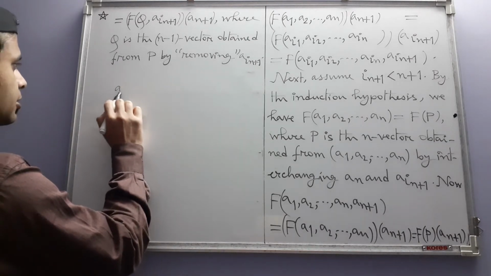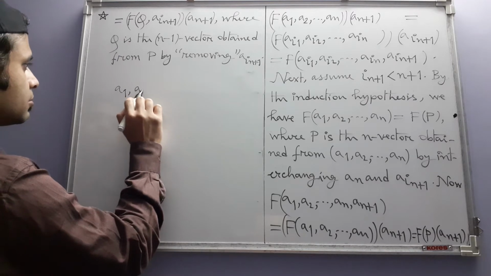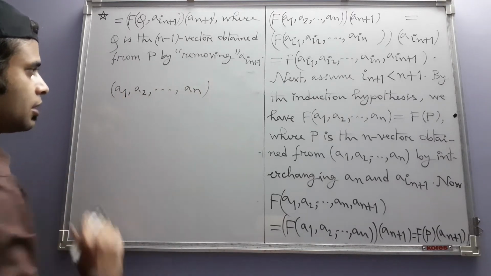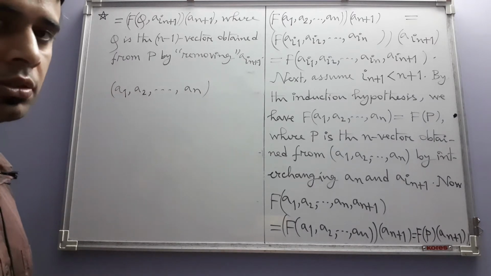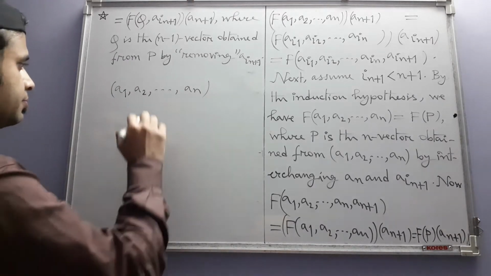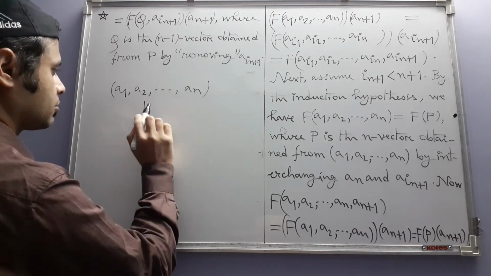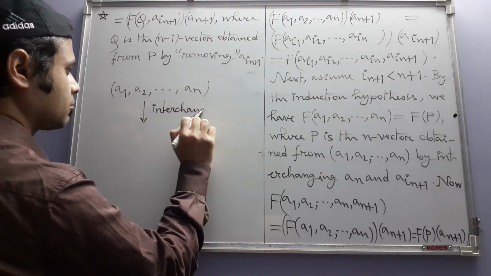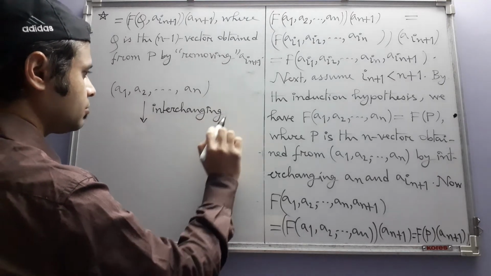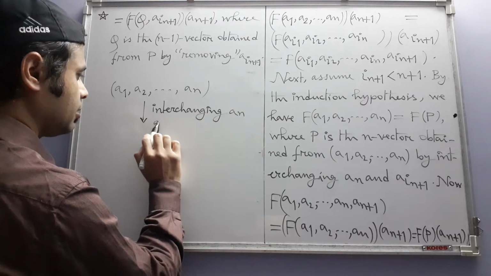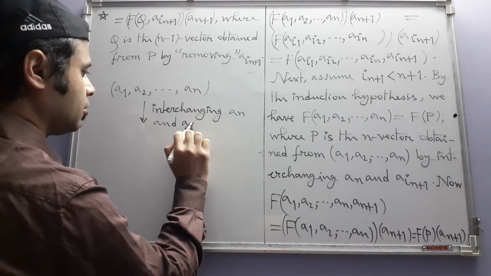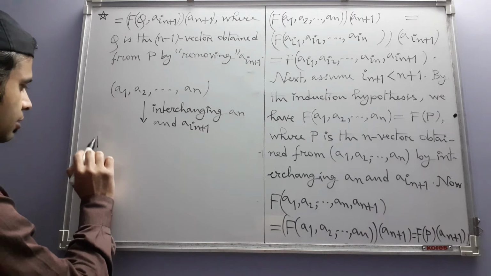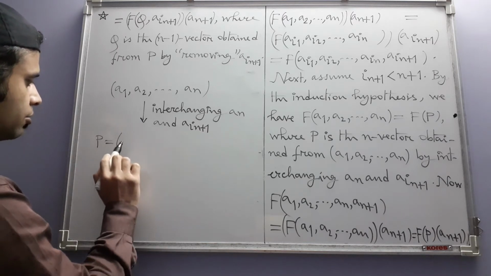Okay, so the situation now is this. This was our original n tuple, original n vector. Interchanging a_n and a_{i_{n+1}} has given us P, which looks like this.